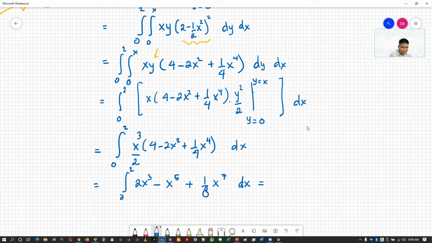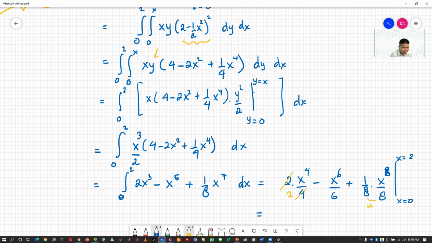Now I integrate it: x to the power of 4 divided by 4 minus x to the power of 6 divided by 6 plus 1 over 8 x to the power of 8 divided by 8, with the boundary of x from 0 until 2. First I delete this 2, this is 16.